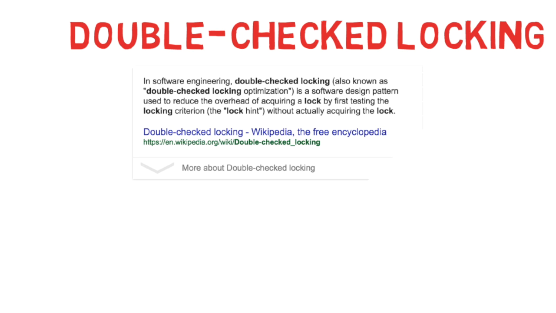Now this test is performed without actually acquiring a lock. So outside the locked portion, you just check whether a lock is really needed. If it's not, you don't lock. If it is, then you lock the portion of code which you want to access. By performing this test, the number of times you actually need to lock access to the code is greatly reduced. Thus, it's a performance optimization and a huge help.